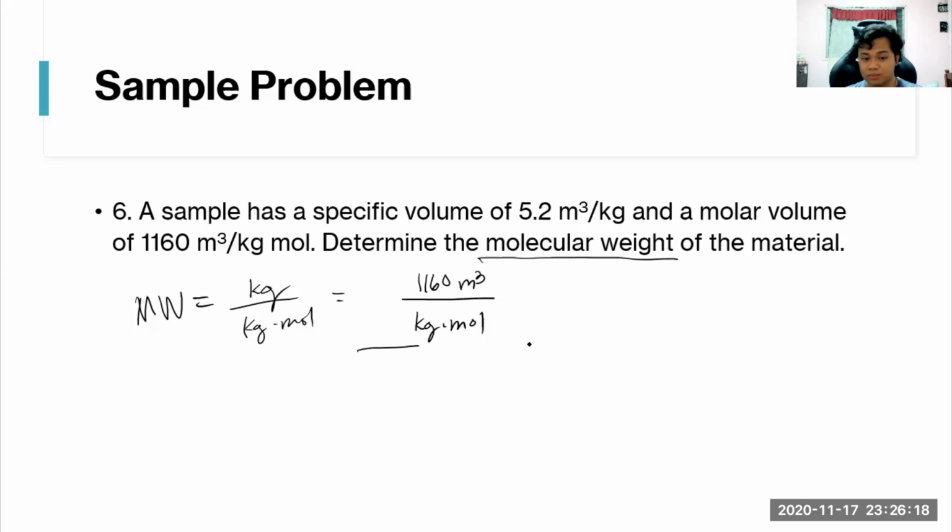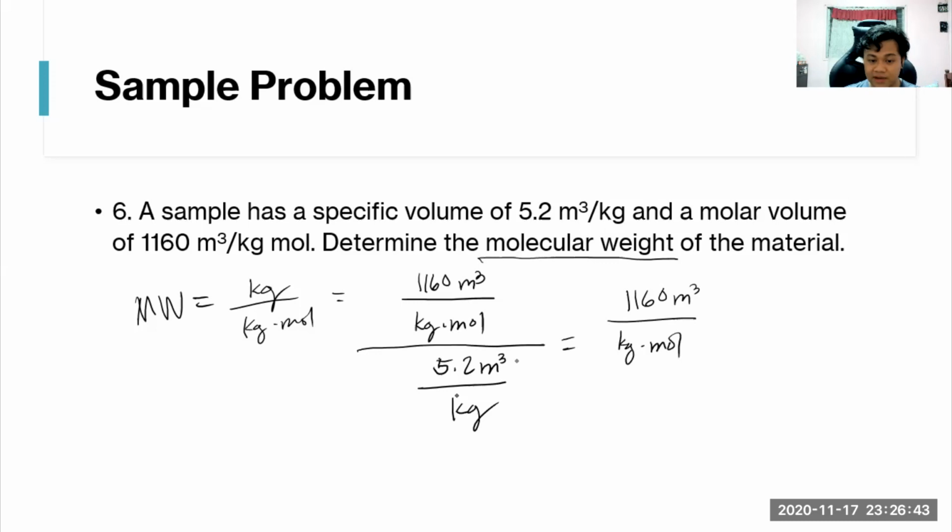So put a large bar here. We'll divide that by 5.2 cubic meters per kilogram. If you proceed with the operation, we now get the reciprocal of the divisor, so the kilogram is in the numerator, and then 5.2 cubic meters.